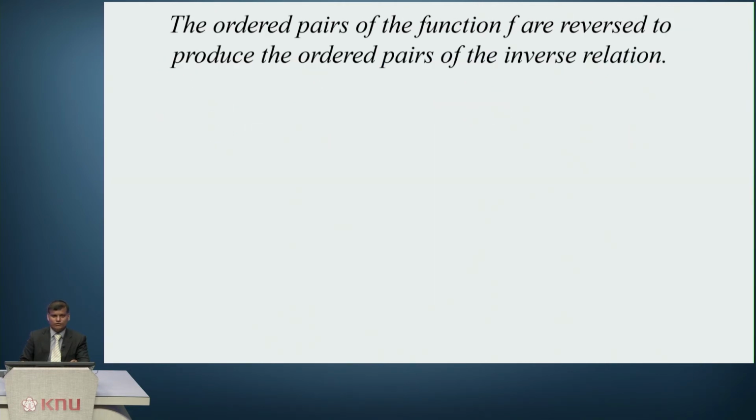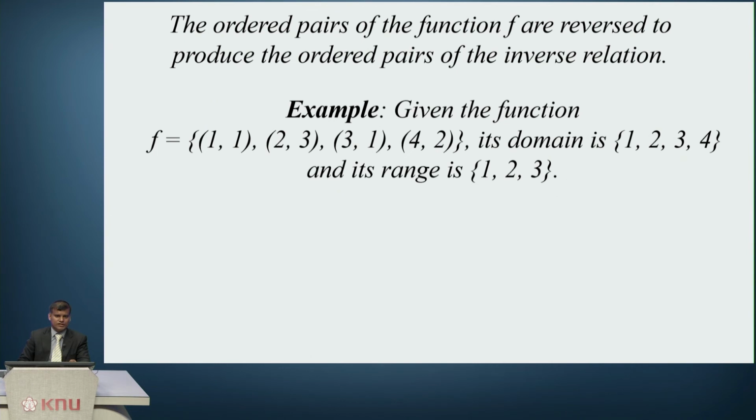Yes. So if you consider these ordered pairs of function f, they are reversed to produce the ordered pairs of the inverse relation. In fact, if you realize these two sets of ordered pairs, we can see they have some relations.